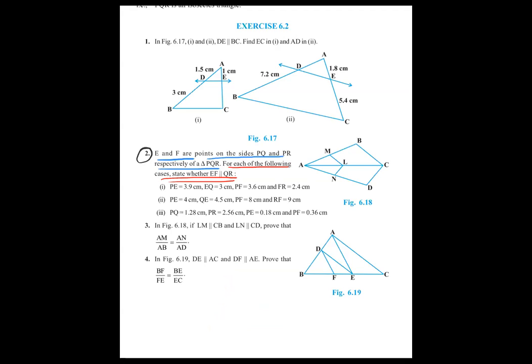Now tell me the answer for the first one after drawing the diagram. You check it. One question I will do, then others you can do, otherwise if you want me to do. I'm waiting. I'll give 5 minutes.